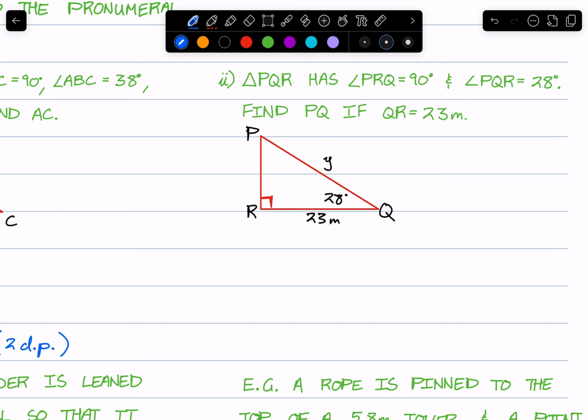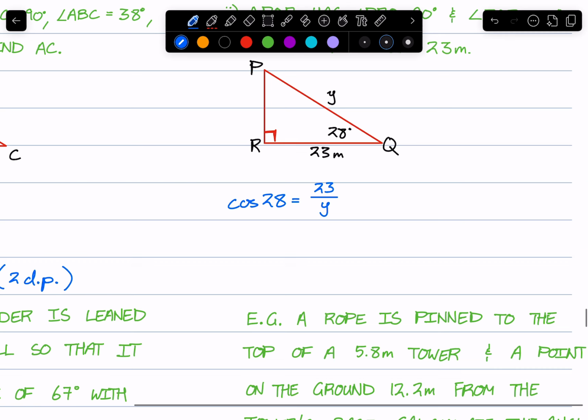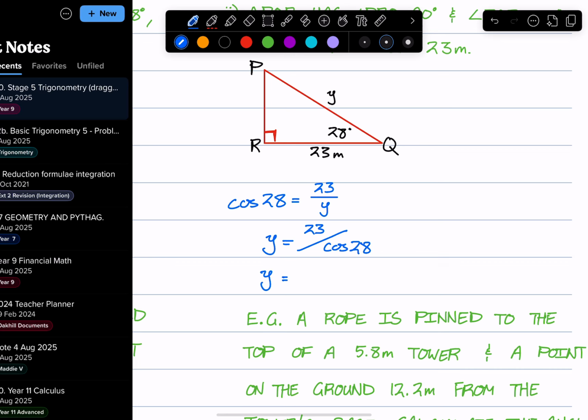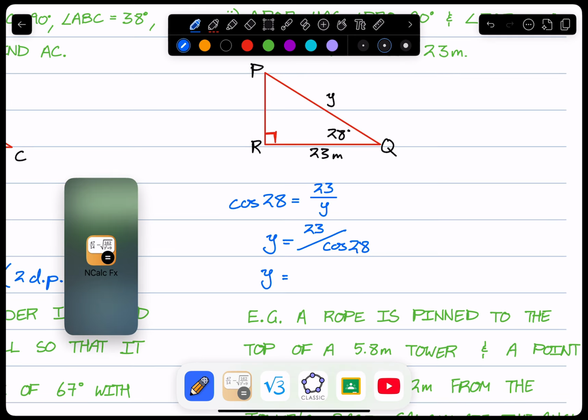So cos 28 equals 23 over y. When we have this divide by the letter, we can switch these two expressions. So this becomes y equals 23 over cos 28. And it's that which we type into our calculator.